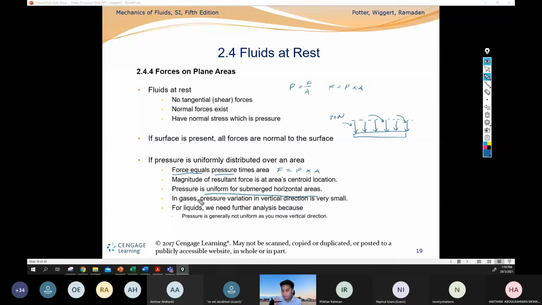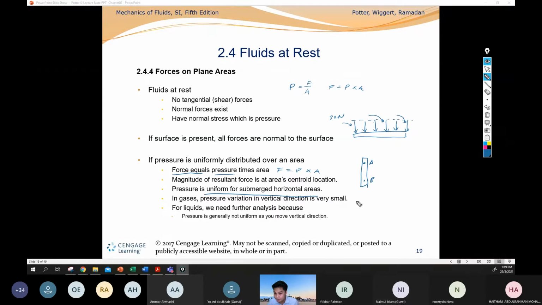So there are two fluids. Normally we use gases and liquid. For the gases, pressure variation in vertical direction is very, very small. So the change of pressure for the gas from point A, let's say, to point B, is very, very small because it is the gas.